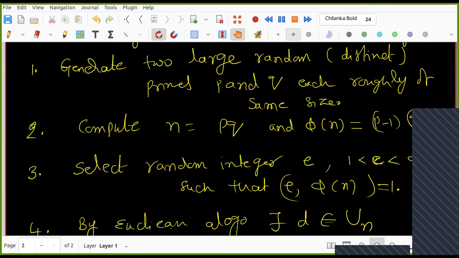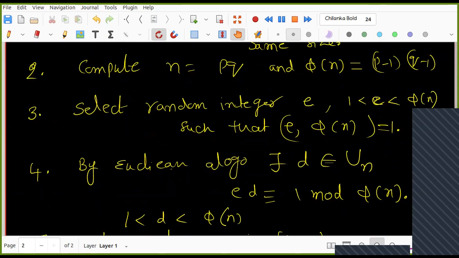So he will take two big primes of equal size and compute their product n. Now once you know n, it is difficult to find p and q. Factoring problem is difficult. So you do not know p and q, and computing phi of n is also difficult from n. You cannot find phi of n unless you know the factorization of n.